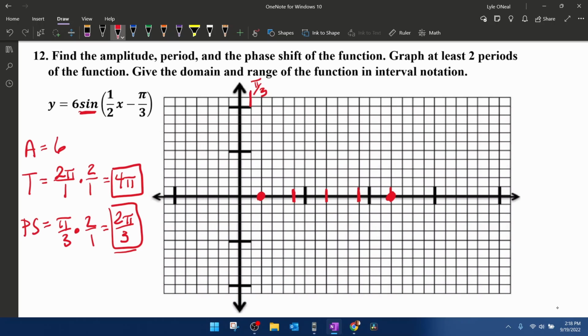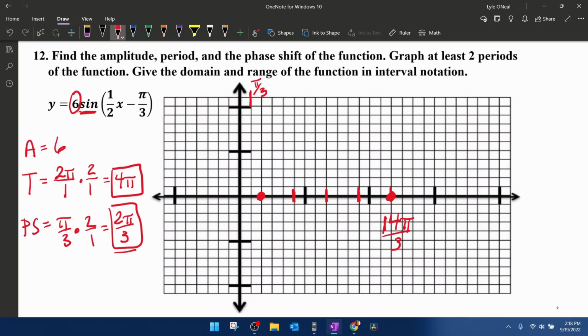And if I want to figure out what that is labeled, I can count by thirds of a pi. 1/3, 2/3, 3/3, 4, 5, 6, 7, 8, 9, 10, 11, 12, 13, 14. That would be 14 pi over 3 at the end point. And now I can lay out my points and connect the dots.